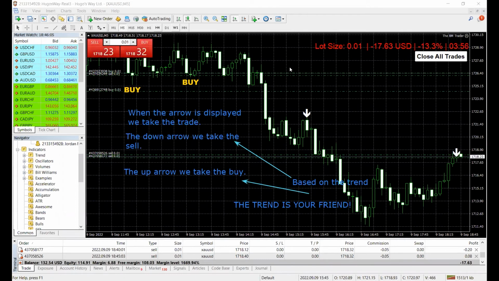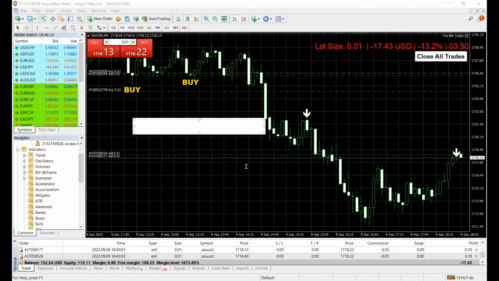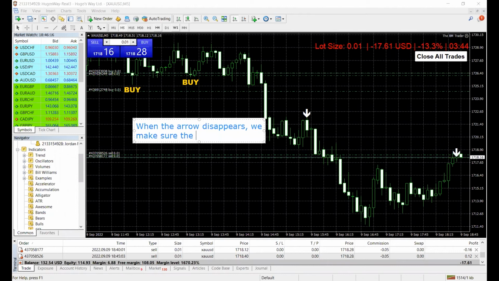Now, here's the next rule for risk management. When the arrow disappears, we make sure the margin is cut to 0. That's a rule.